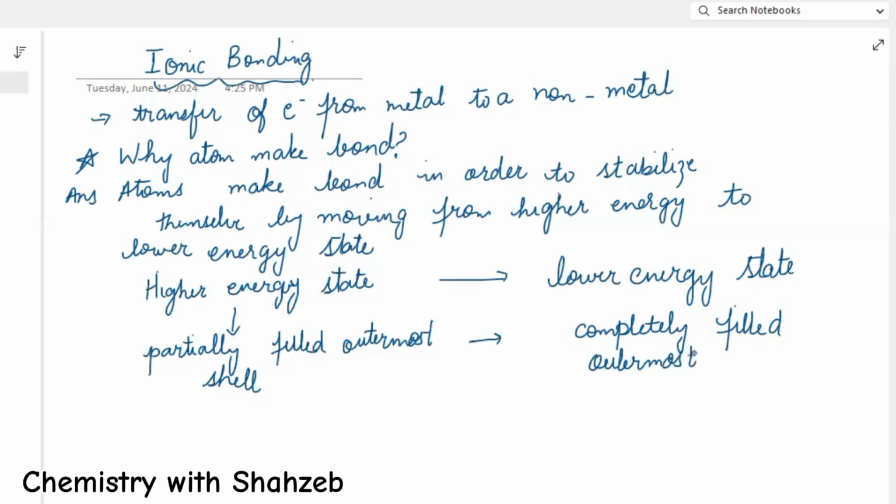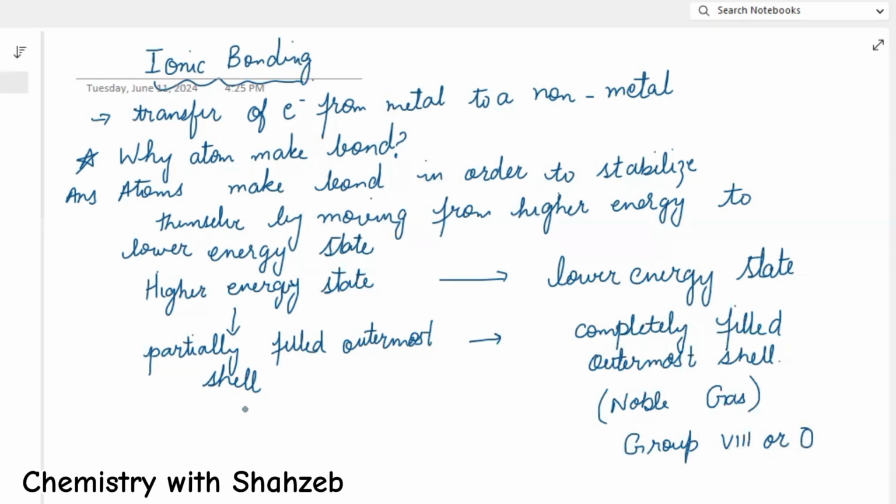The completely filled outermost shell in the periodic table is that of the noble gases. Noble gases are present in group 8, or we also call it group 0.